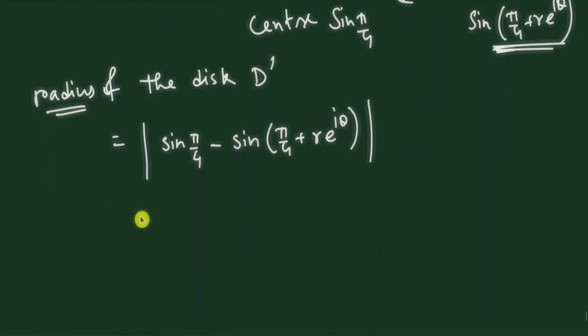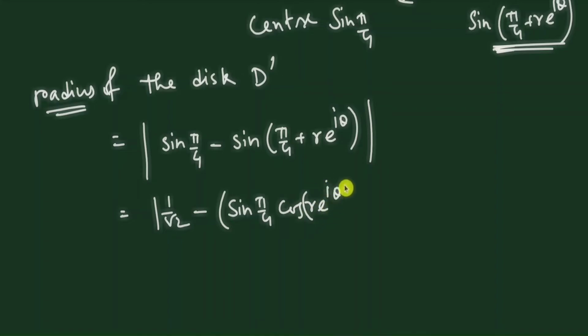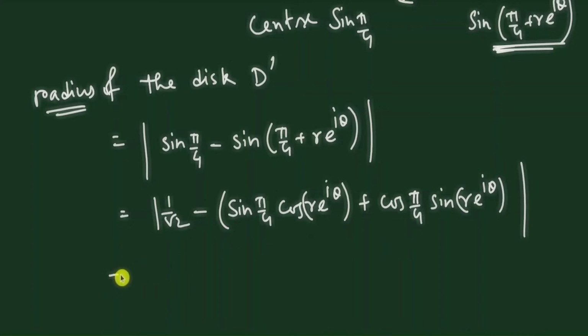Now this is equal to 1 by root 2 minus sine pi by 4 cos of r e to the power iota theta plus cos pi by 4 into sine of r e to the power iota theta, modulus. The values of cos pi by 4 and sine pi by 4 are both 1 by root 2.